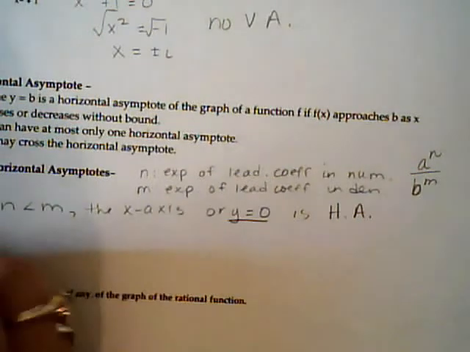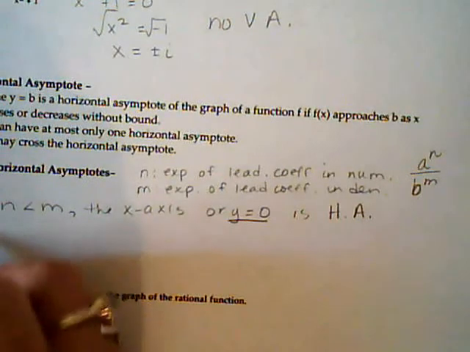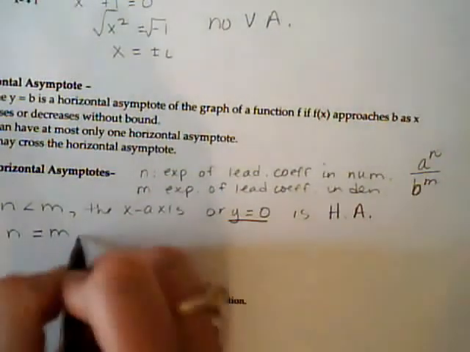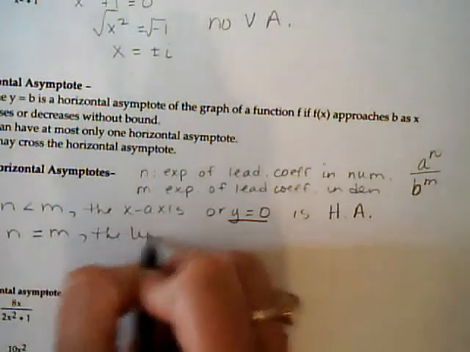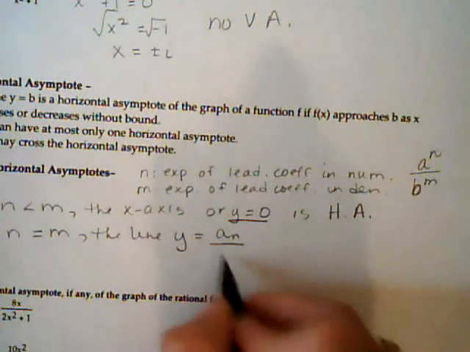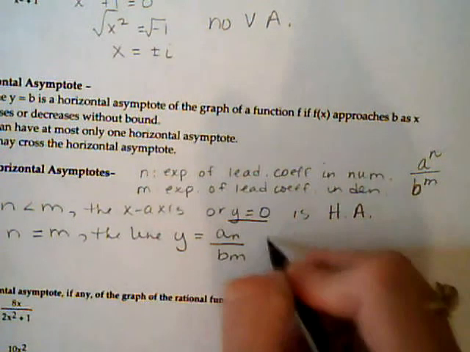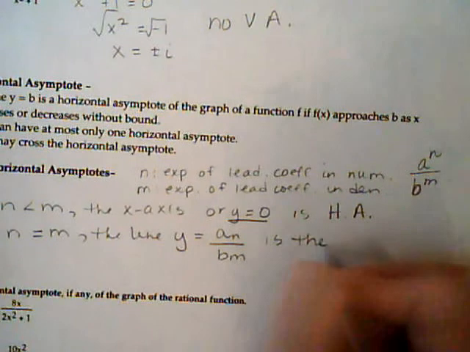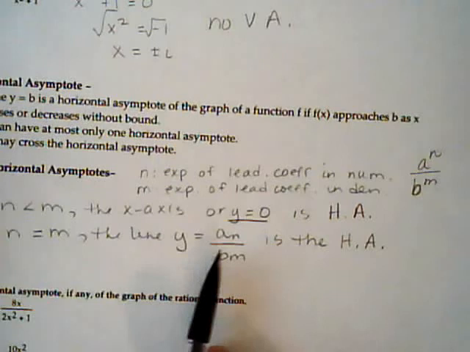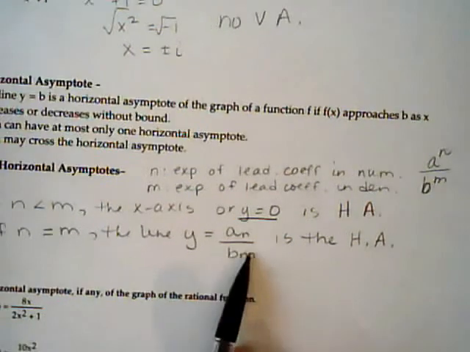The other choice is if those degrees are equal. If the degree of the numerator is equal to the degree of the denominator, then we say that the line y equals a sub n over b sub m is the horizontal asymptote. And that's just dealing with the coefficients, and I'll show you an example like this in just a few minutes.